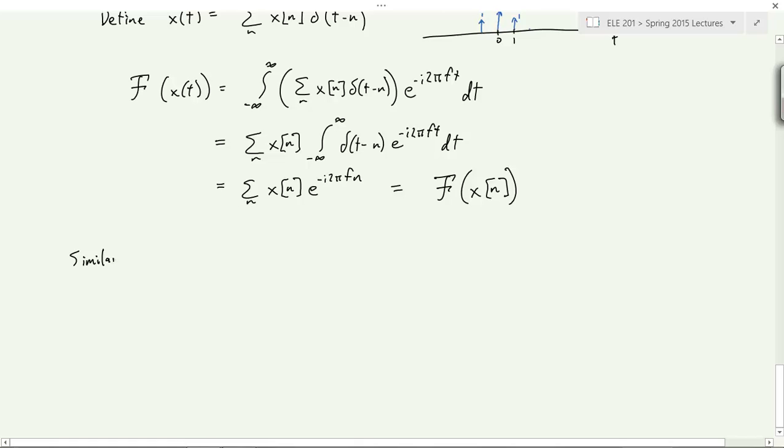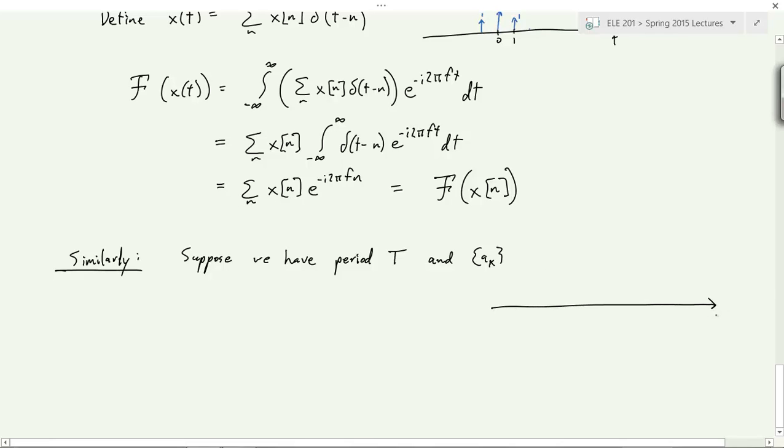Okay. So let's now continue the argument of why we can think of everything as a Fourier transform rather than a Fourier series. We've already kind of done that by example, but let's do it more generally. Suppose we have period T and some coefficients. So we've got some periodic function with some Fourier series coefficients, right? Now we already said that Fourier series we can interpret as frequency domain components.